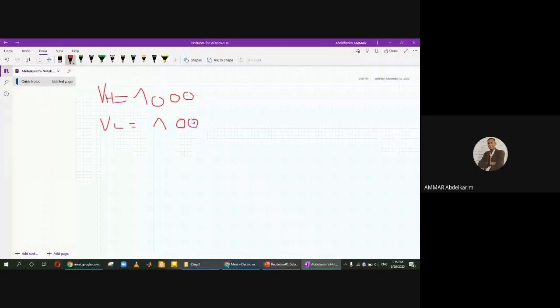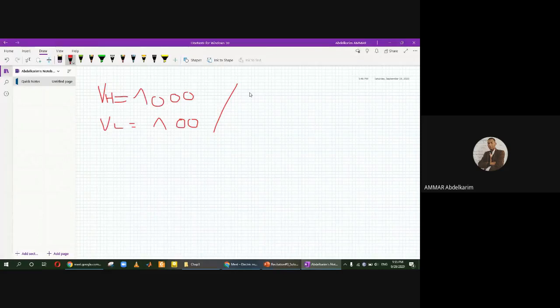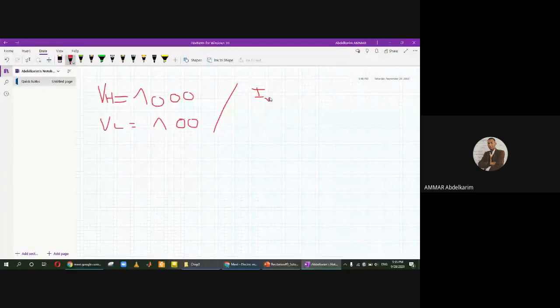So the current of the high voltage side, not the high current, the current of the high voltage side. We know that the current and the voltage are opposites. So the current of the high voltage side, I_H, for example, is equal to S over V_H.